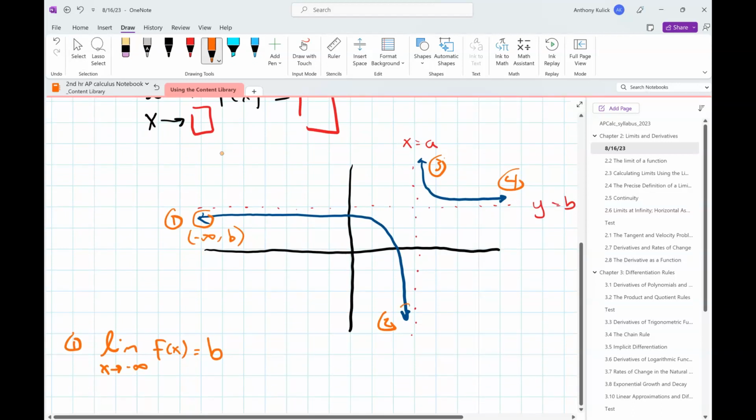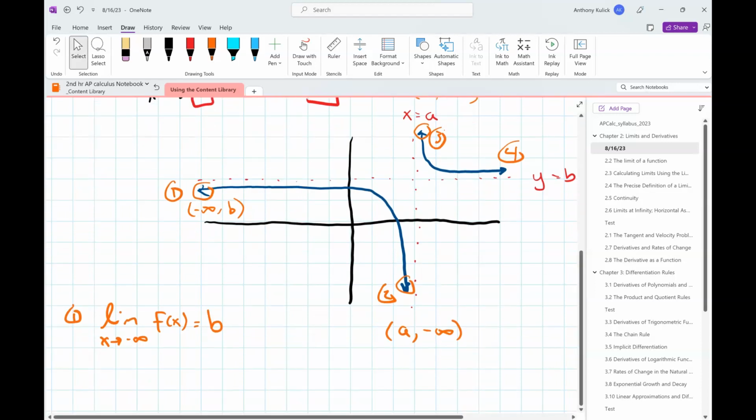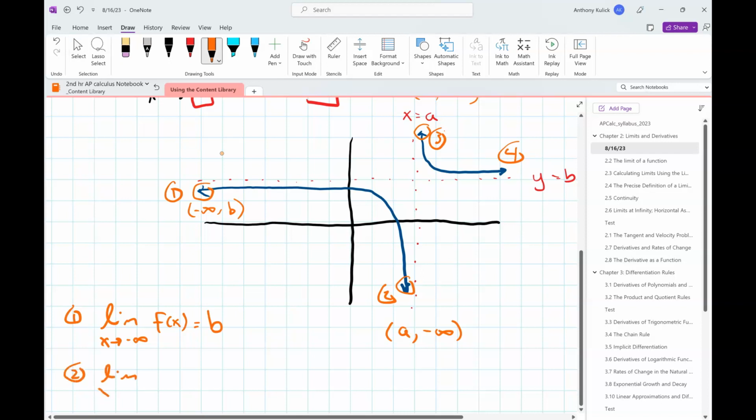If I did the same thing for this arrow, the x coordinate there is kind of like a, and the y coordinate's negative infinity. But I have to be a little bit careful with this one, because if I look at number 3, I'd say that x coordinate is also a. And I know that for something to be a function, we can't have two of the same x coordinates. That doesn't work. So we have to do something to distinguish one of those arrows from the other.